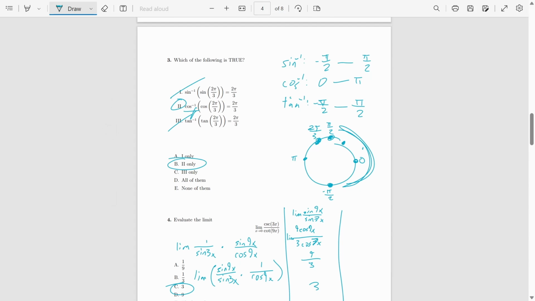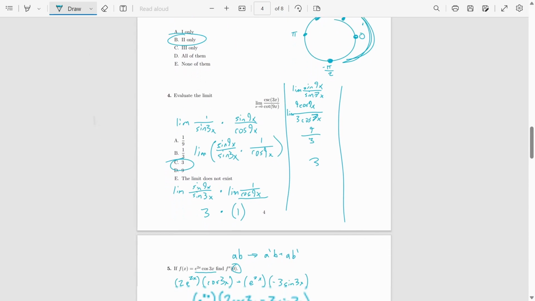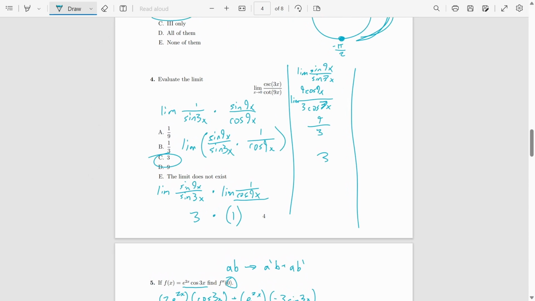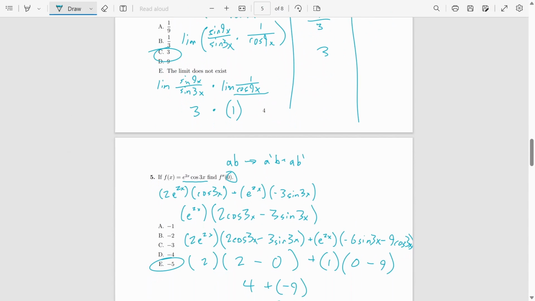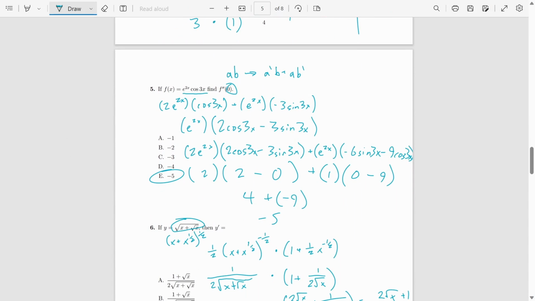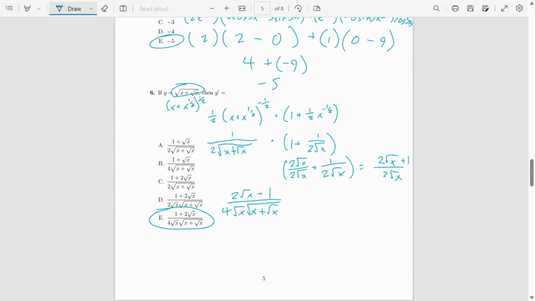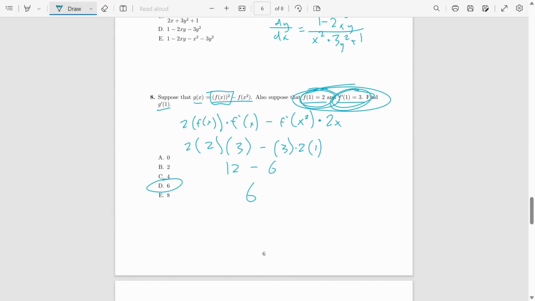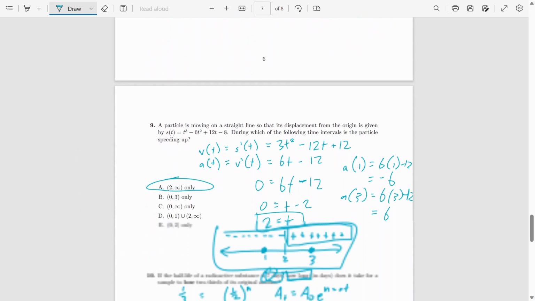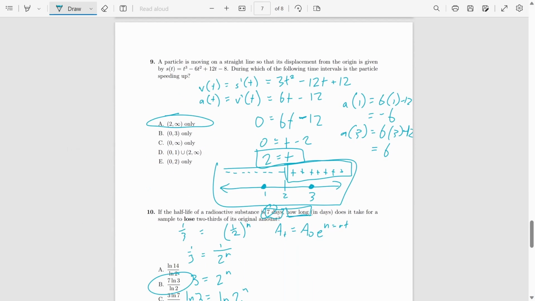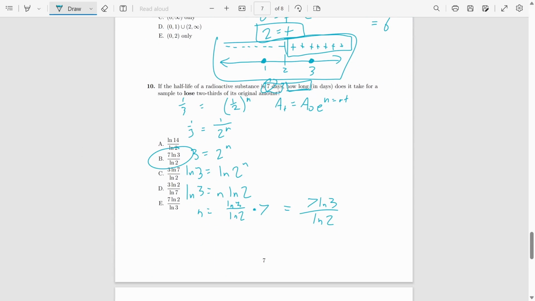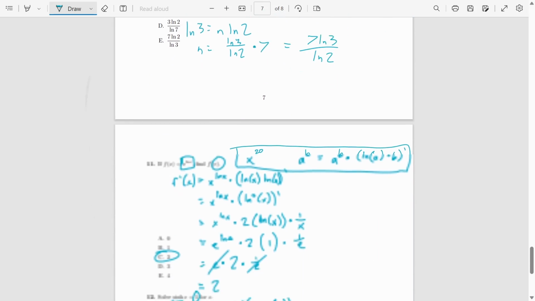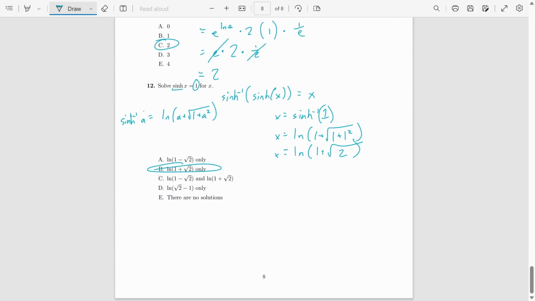Oh yeah, this trig function thing, that's useful to know. Evaluate a limit, that's important. Two derivatives, the second derivative. Another derivative. Oh, that one fun plugging in values question, I liked that one. Particle moving, which is also just derivatives. Half-life question, I don't like those. Derivative and again this stupid question.